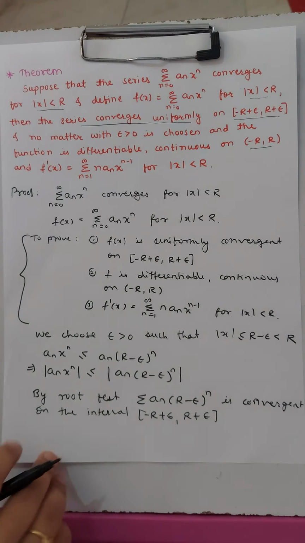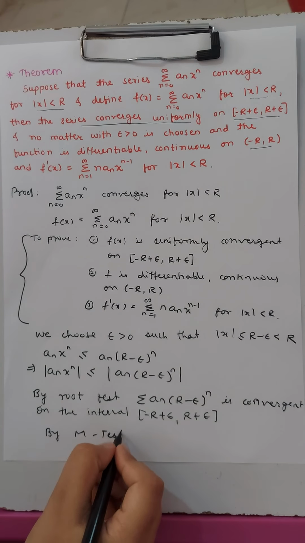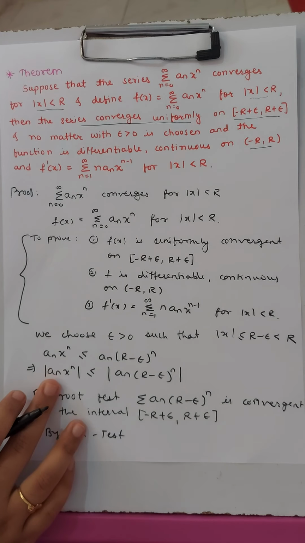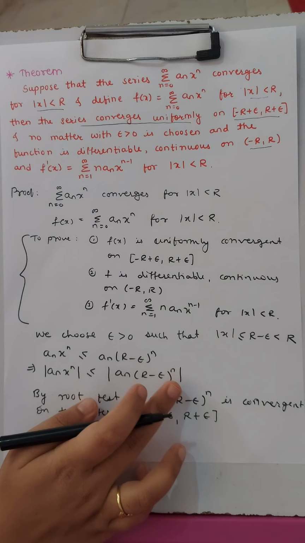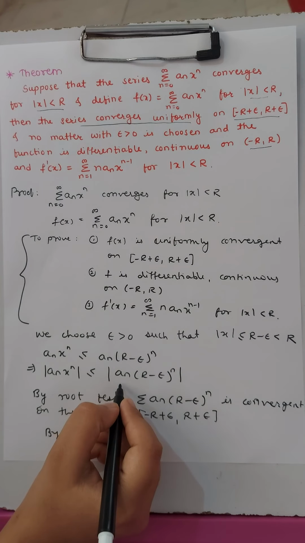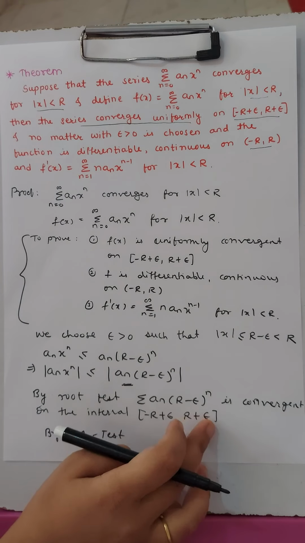Now by M test here, this mod a n x to the power n is less than mod a n r minus epsilon to the power n, and also this summation mod of a n r minus epsilon to the power n is convergent.